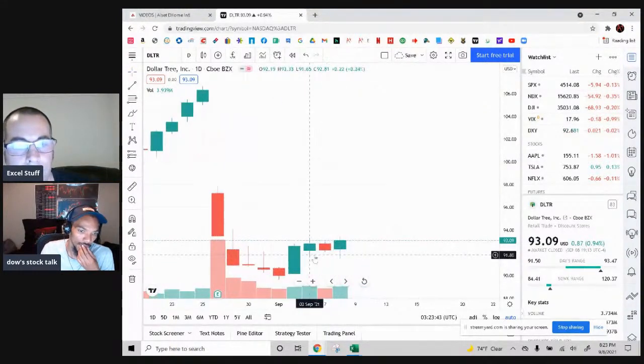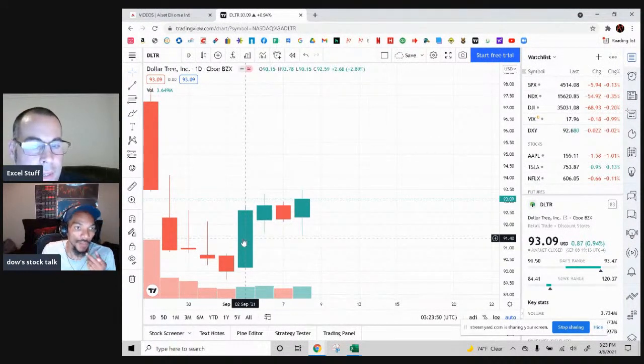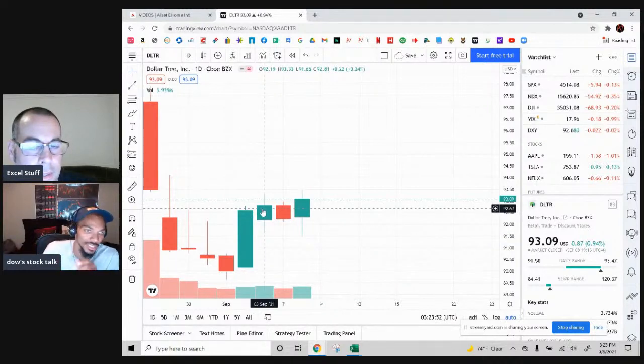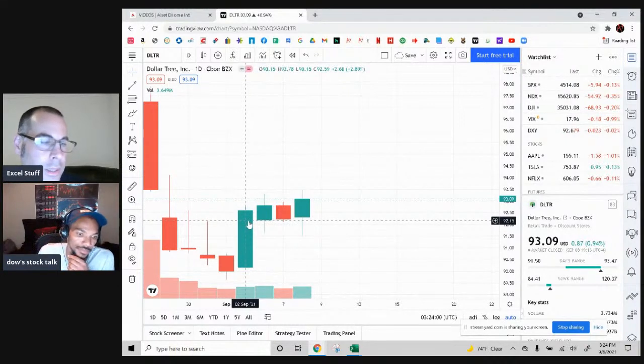You could drill down even further into the candle by changing the time frames. Instead of the day, the hour. Noon to 1, you can see the candle from noon to 1.